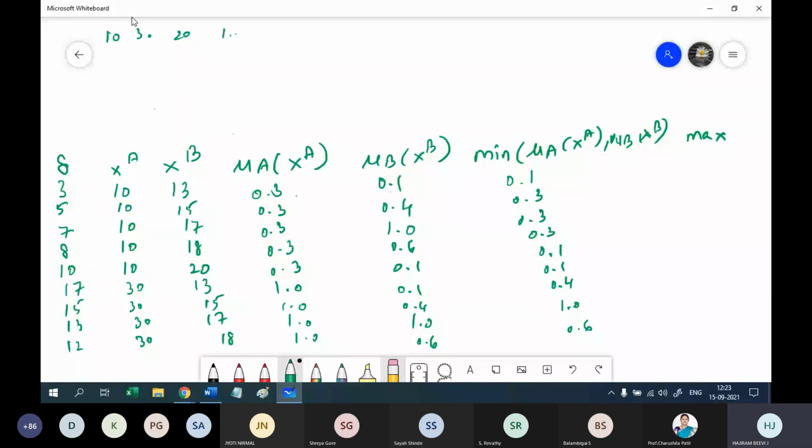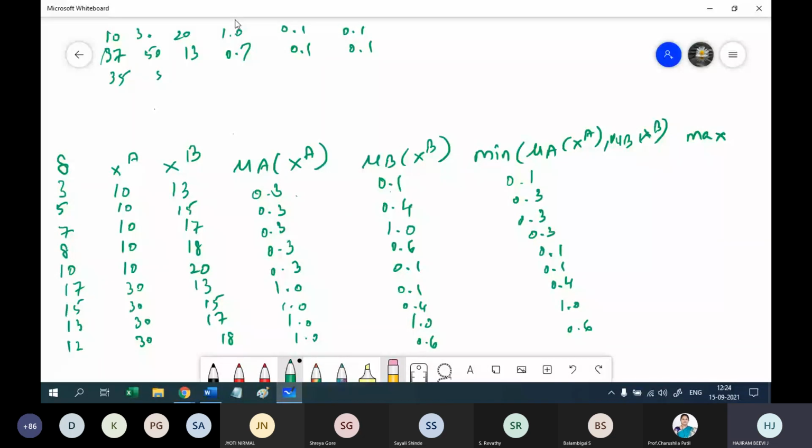Then the next distance is 37, which means 50 and 13. The values are 0.7 and 0.1, and the minimum is 0.1. Then after 37 we have the distance 35, which means 50 and 15.